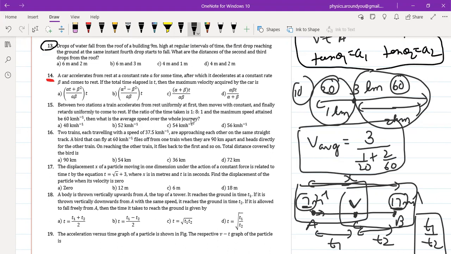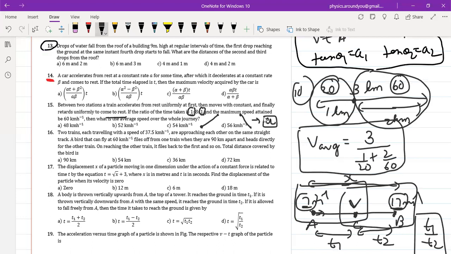Okay, so here it is. You should note something. It accelerates uniformly, the time taken is 1. Finally, it retards also, the time taken ratio is 1. See, if the time taken to go from rest to some speed and from that speed to go to rest again is the same in both, that would only mean in both phases, acceleration is the same.